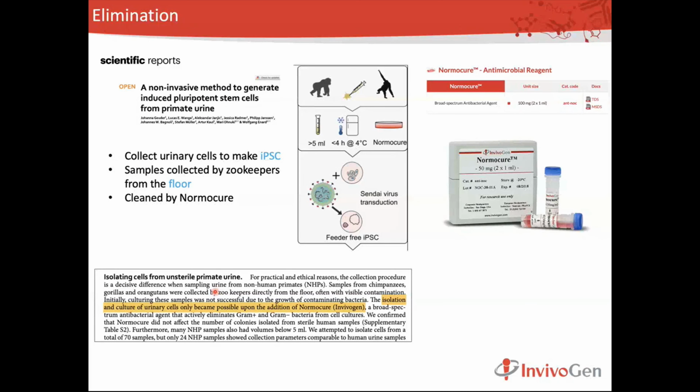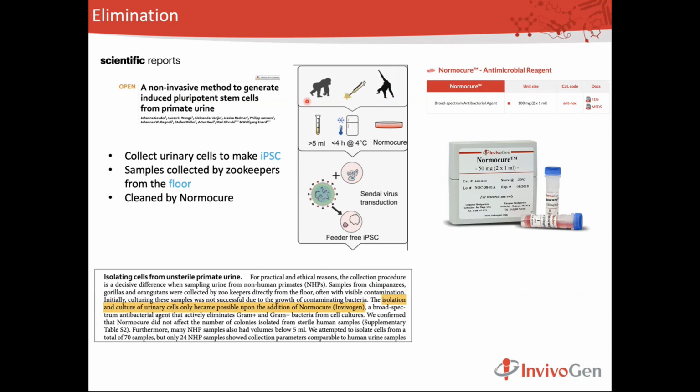Now, this is another interesting story, which concerns another type of contamination elimination. So that was Mycoplasma, but then this is about bacteria. So this Scientific Reports paper had a very imaginative approach in collecting cells from animals.